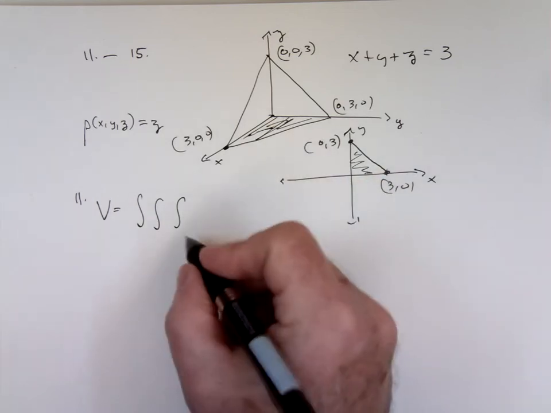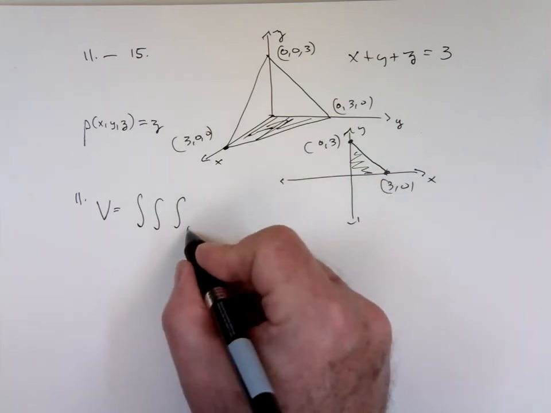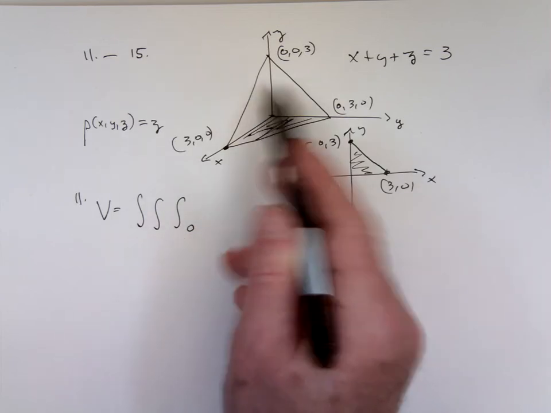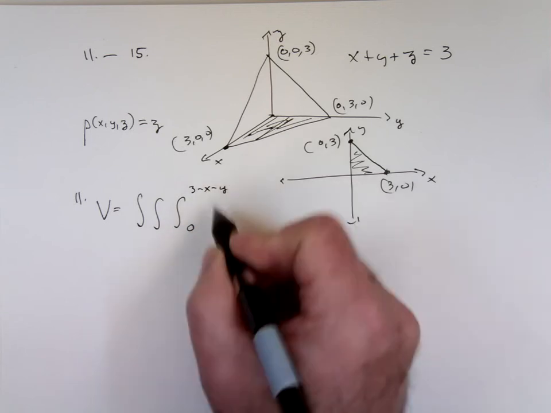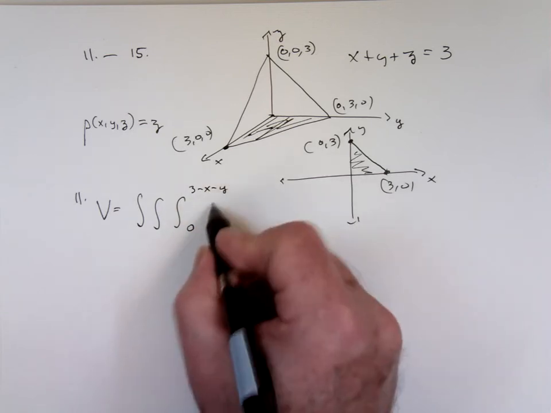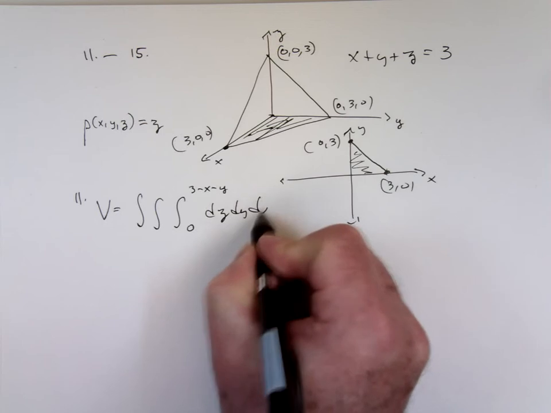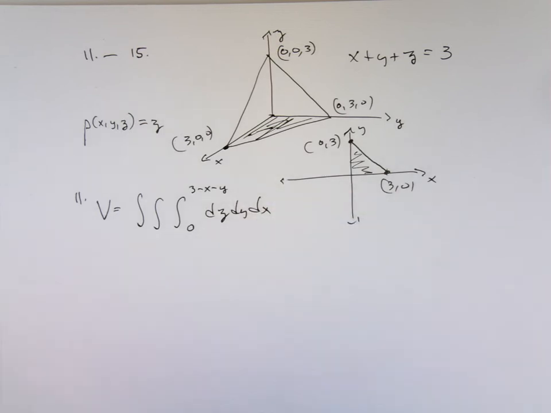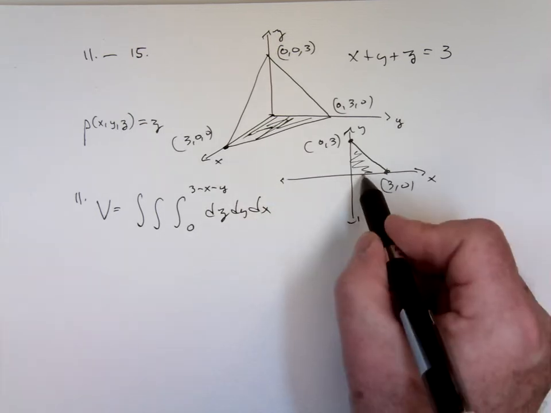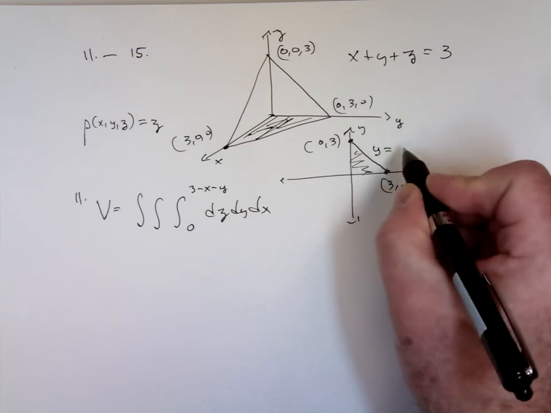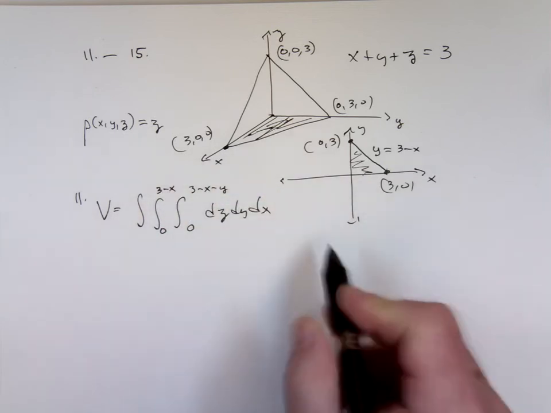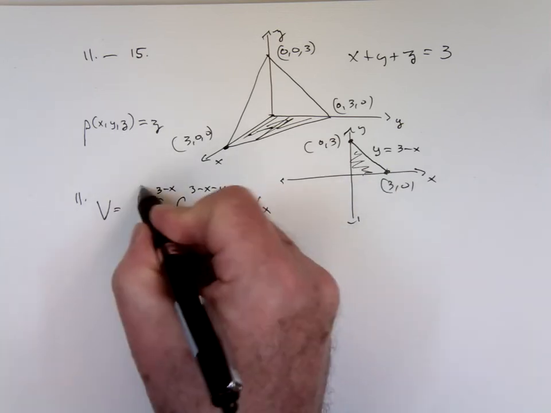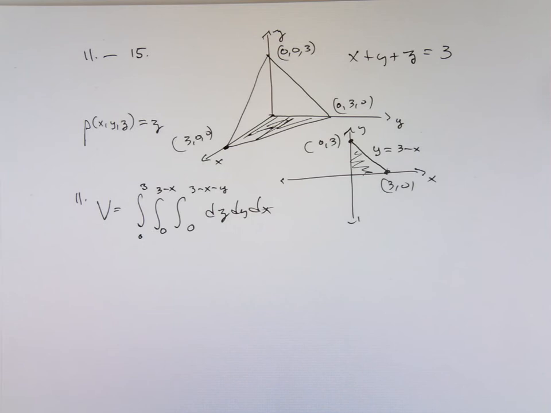So the bottom surface is 0 to the top surface, which is our plane. That's 3 minus x minus y. Right here. That's dz, dy, dx. And the y limits are going to go from bottom to top. This line is y equals 3 minus x. And the x's will go from 0 to 3. This triple integral will give us the volume underneath that plane over that triangular region.